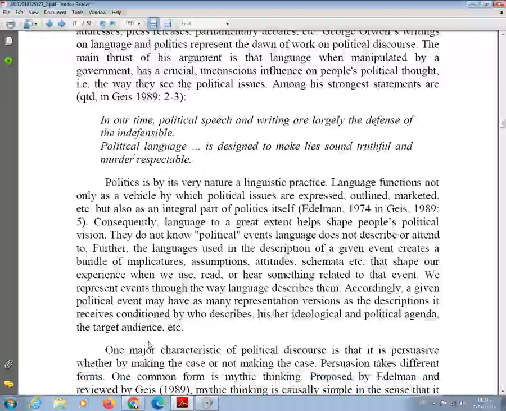let's go to something else, which is that language to a great extent helps people shape political vision. They do not know political events; language doesn't describe or attend. So furthermore, the language used in the description of a given event creates a bundle of intellectual assumptions, attitudes, schema, etc., that shape our experience.